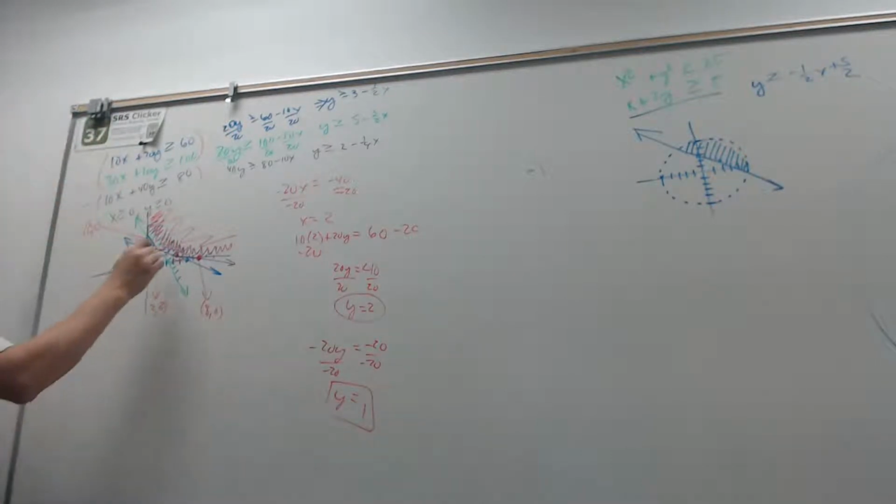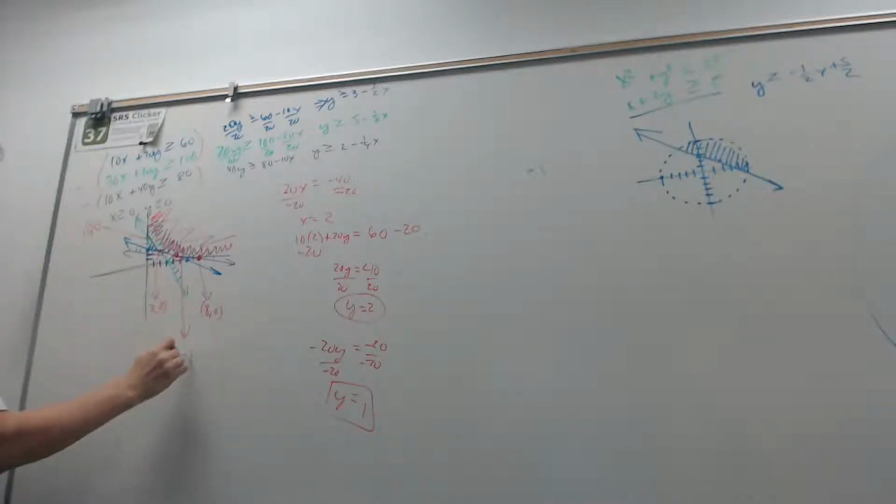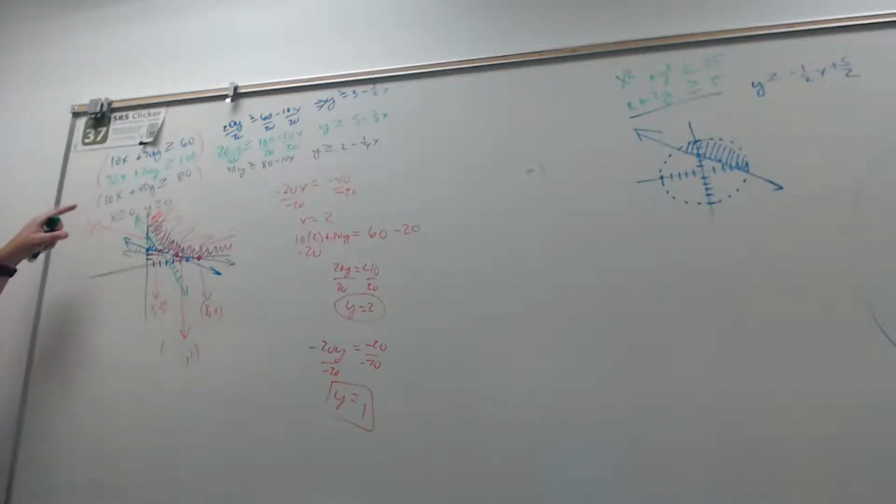Okay, so y is 1, which we can see right there. So this point here, the y coordinate is 1. The x coordinate is, what is that? Plug it into which one? Either the top one or the third one. So we'll plug it into the blue.